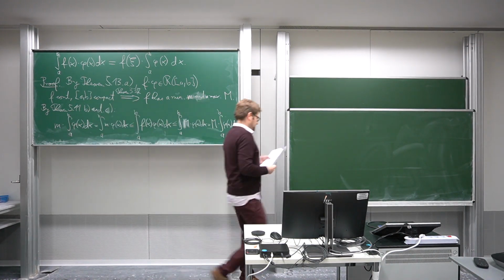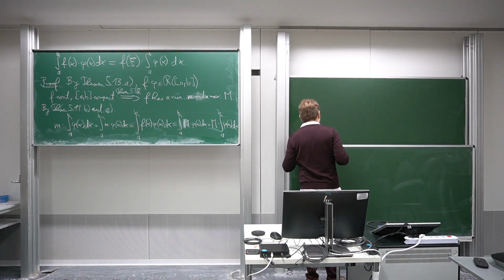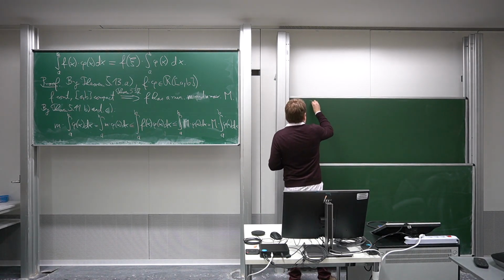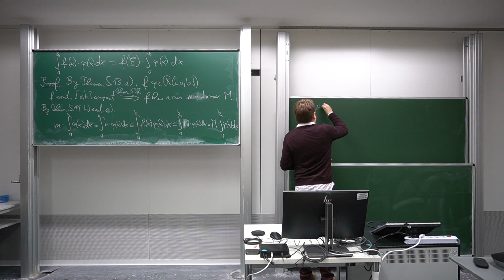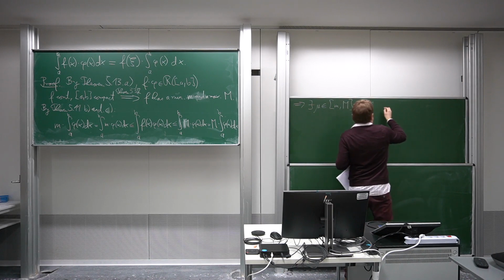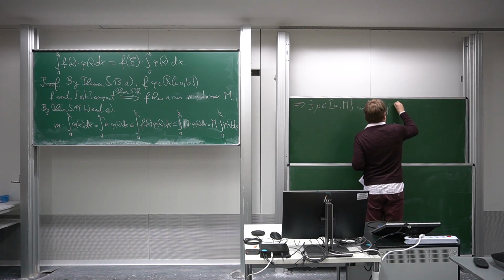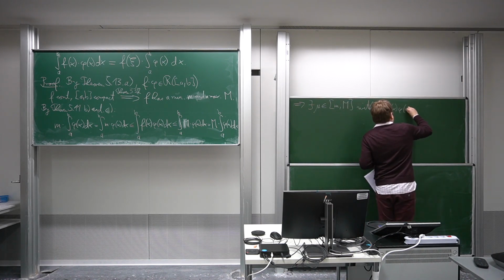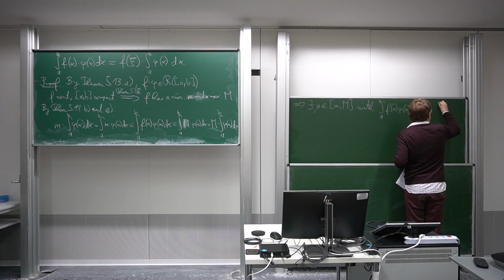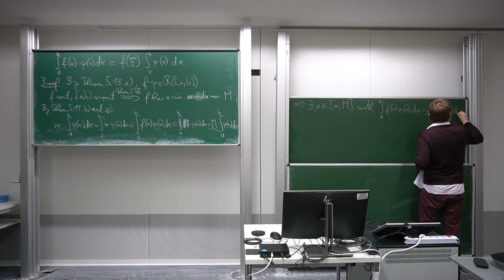So this means, in particular, there exists some number mu in the interval from small m to capital M, such that the integral from a to b of f of x phi of x dx is mu times the integral of phi of x dx.